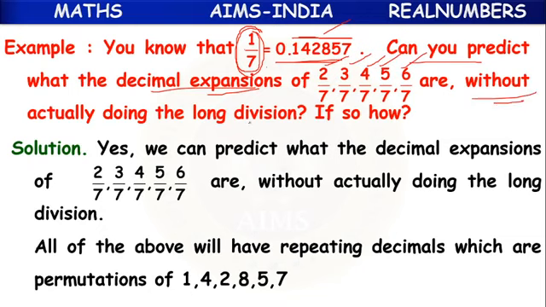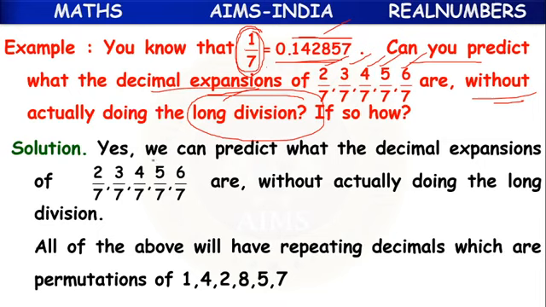But how? Without actually doing the long division. Means if we know the decimal expansion of 1 by 7, can we find the decimal expansion of their equivalent rational numbers without division? So yes, we can.